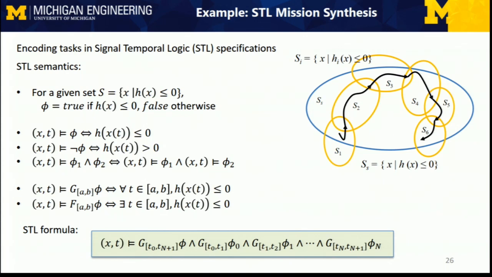Back to our original example, we were thinking of problems where you have your robot maybe moving between regions of your state space. And you can encode all those things with the use of STL semantics, where you might have a formula phi being true if, for example, all the state trajectories remain within the safe part of the state space.